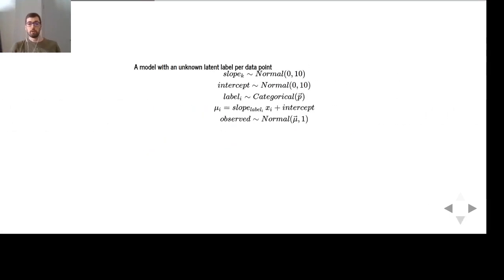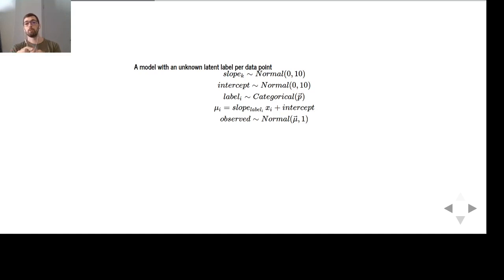So we'll basically do a really simple extension of our linear regression. What we'll do is we'll have a label that's a latent label that we don't observe, and we have two linear functions that the data can come from.